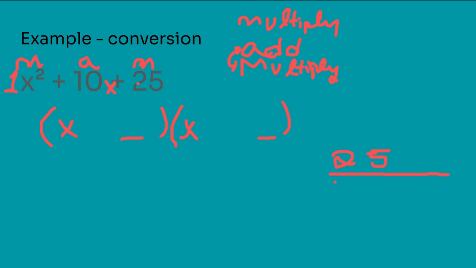We do this by using the greatest common factor. So 1 times 25 and then 5 times 5. Out of these two options, which both multiplies to 25 and adds to 10? If you said option 2, you'd be correct.